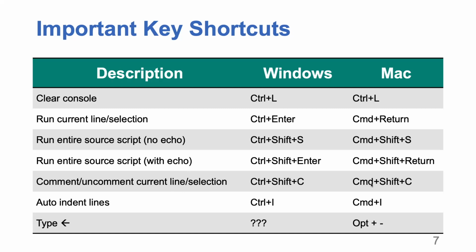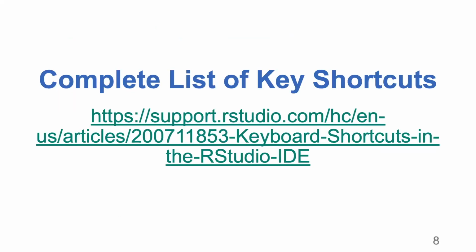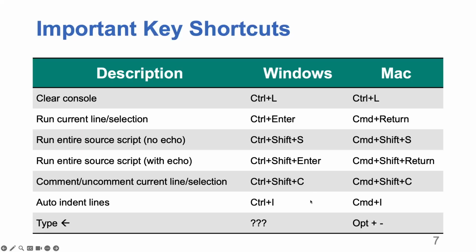There are also some shortcuts for commenting things. I don't know that you necessarily need that, but sometimes it's helpful to highlight a large swath of code and comment it out, in case you're trying to troubleshoot something. Sorry, I don't know what's going on with my mouse today. And another command that I end up using a lot is this auto indent command.